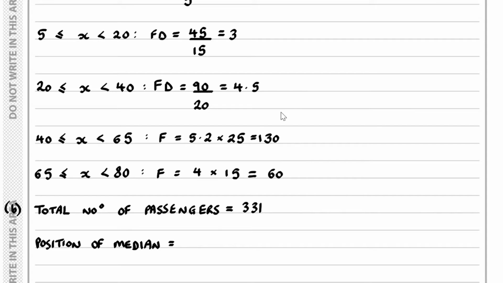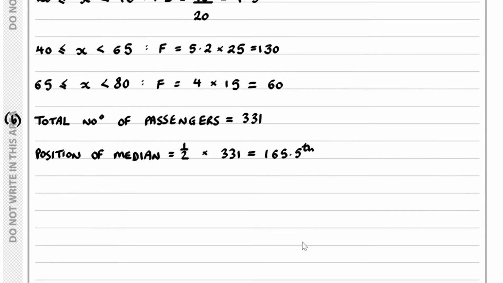The position of the median will equal 1/2 multiplied by 331. So we want the 165.5 value. So which interval is the median going to lie in?